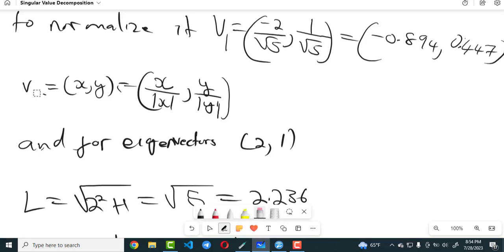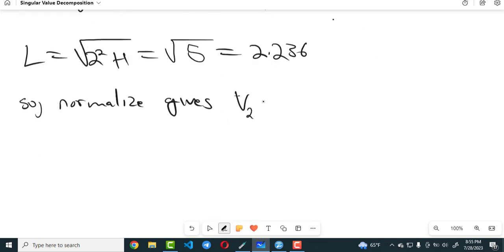These are the values for V1. Now we need to normalize for V2.